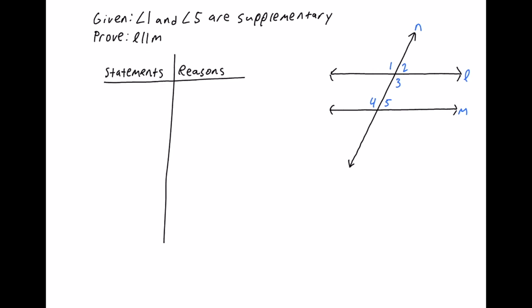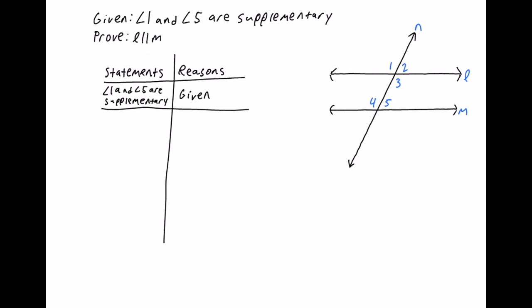So you start by making your first statement, which was given to you: angle 1 and angle 5 are supplementary. That was given to you, so the reason is given. Then from there, you have to do different things to try to prove that line L and line M are indeed parallel.